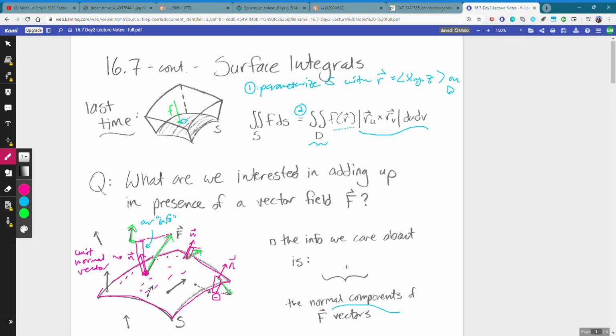You may recall when we very first introduced line integrals for vector fields, the tangential components we got by taking F dot T. Well, here it works out very similarly. Normal components we can get with F dot product our n vector. And so that's the information at each and every point that we're interested in adding up, and we use that to make a definition.